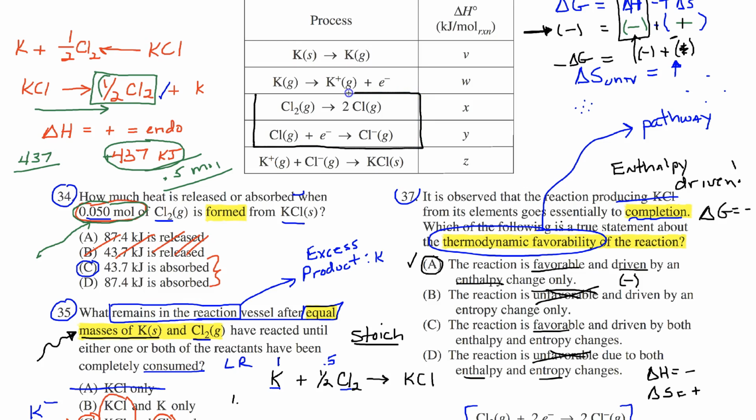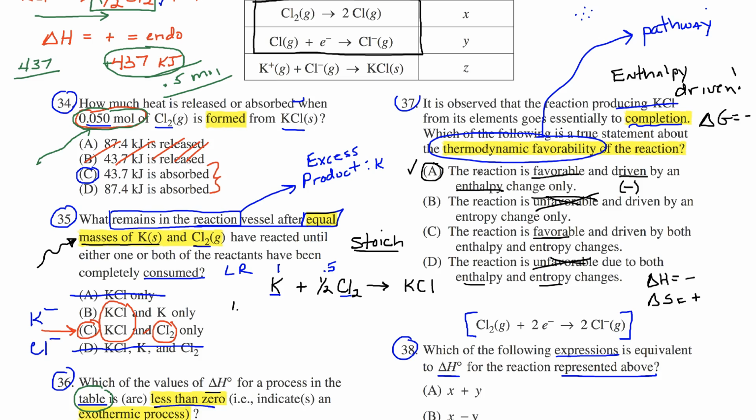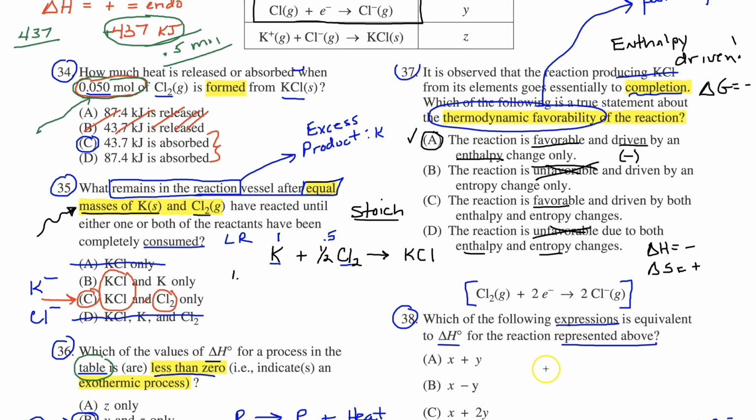X and Y. X and Y is involved here because I want to have the chlorine going to 2Cl and then the chlorine plus an electron. So let's rewrite those. See if we can do that and keep that there. So we've got Cl2 going to 2 chlorines.